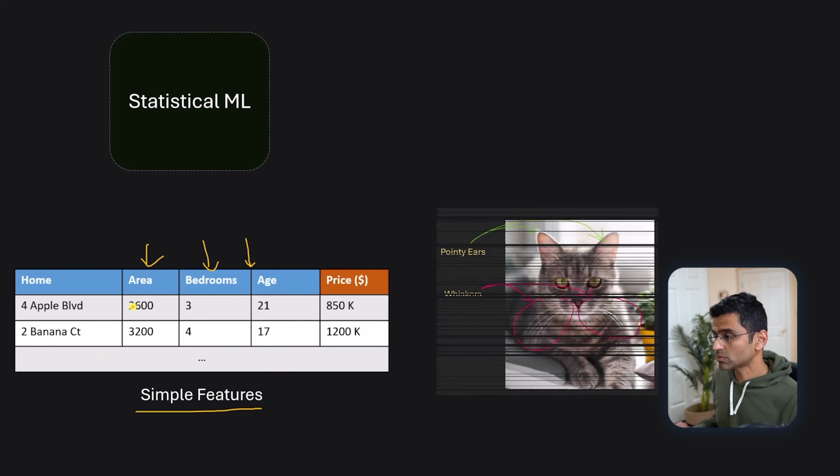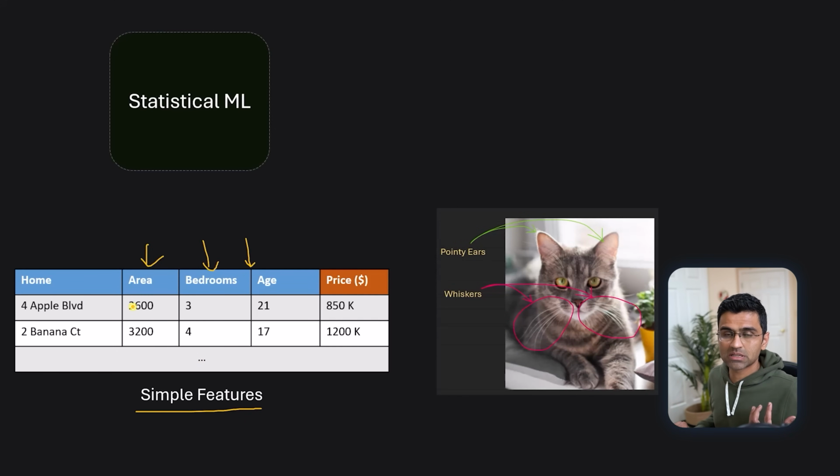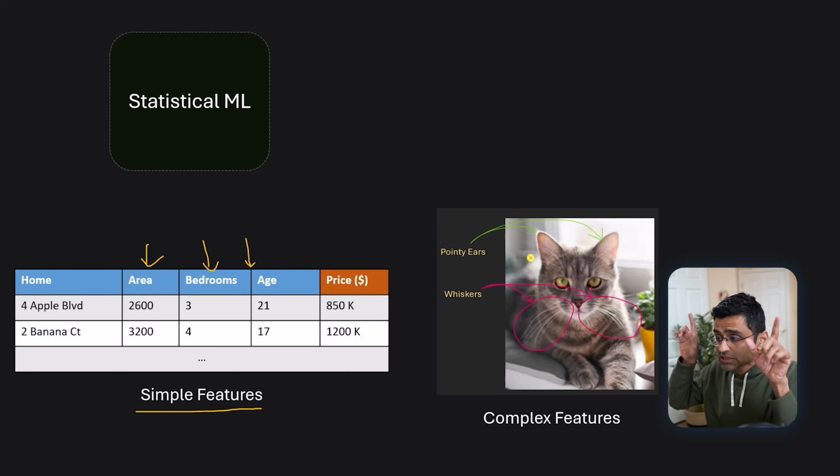When it comes to image recognition, such as identifying if the image is a cat or dog, the features are kind of complex. Here the features are the whiskers or the pointy ears that the cat has, and this data, which is image data, is just a bunch of pixels. So it is unstructured data.